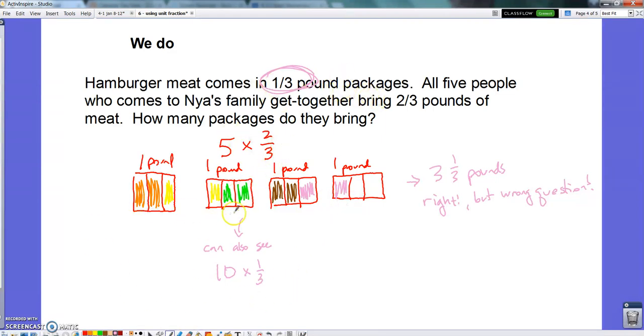And since that's the question, that tells me they brought 10 packs of 1/3 pound each. And so the answer is 10 packages. All right, I use that unit fraction to figure it out.